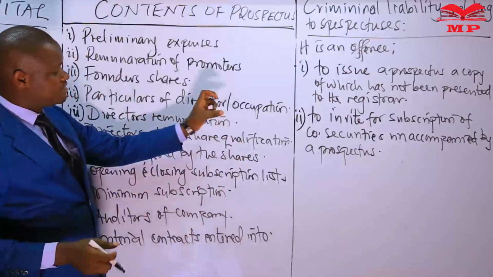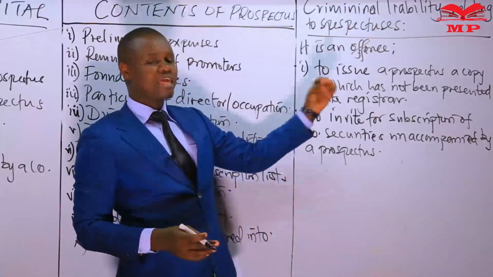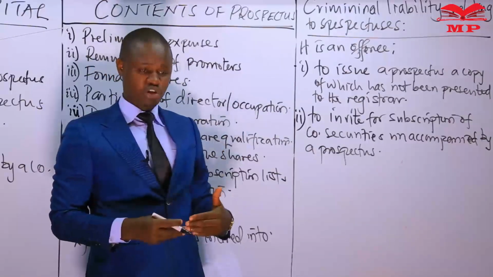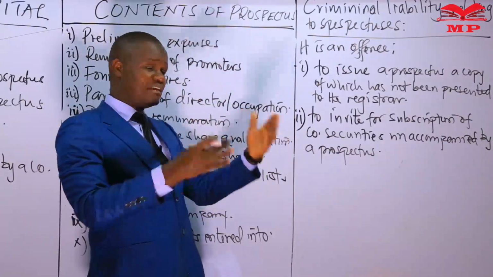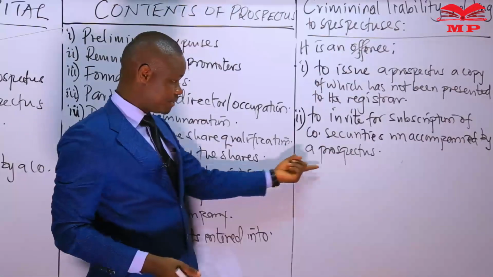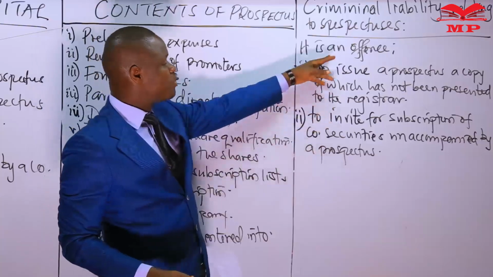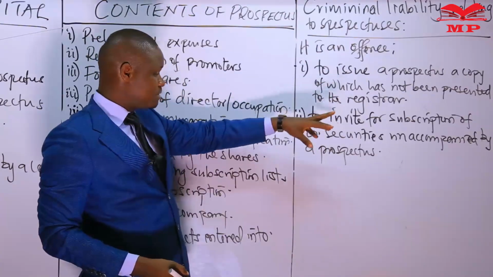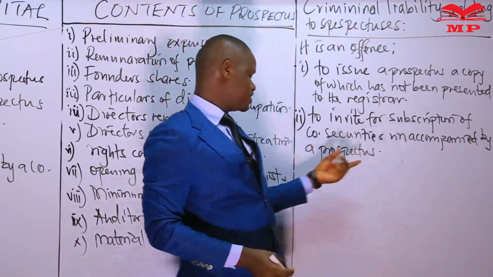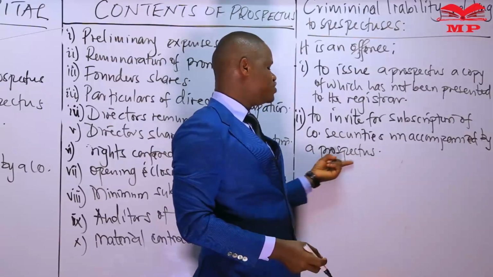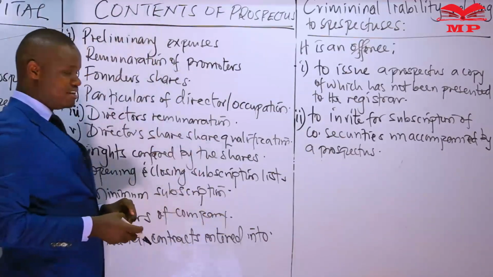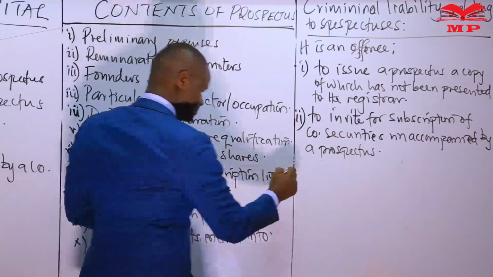So this offense is simply prohibiting any invitation to the public for which no prospectus has been issued. If you are targeting any public invitation, then that invitation must be accompanied by the issuing of a prospectus. It is going to be an offense to the responsible company officers where they are inviting for subscription of the company securities where a prospectus is not accompanying the invitation for the subscription.